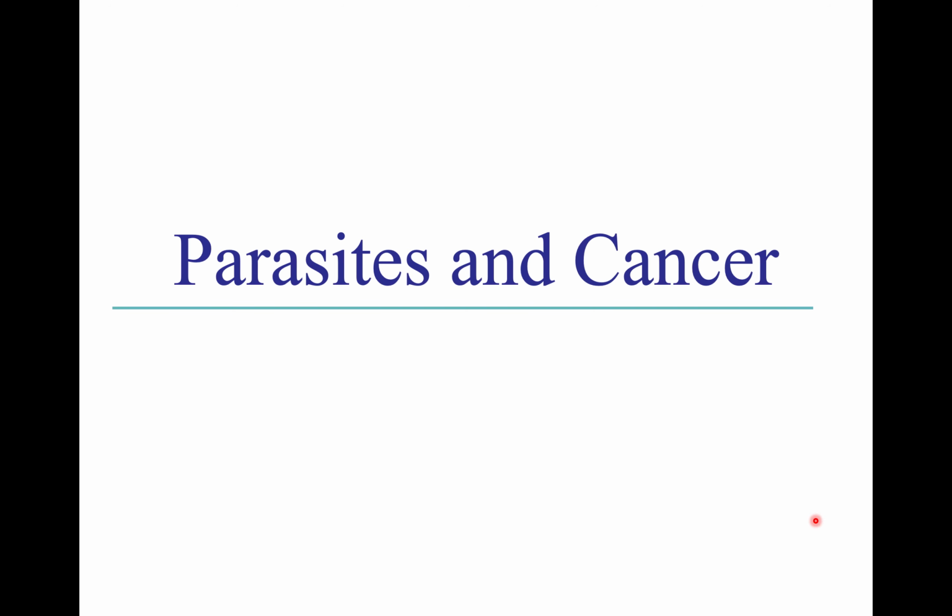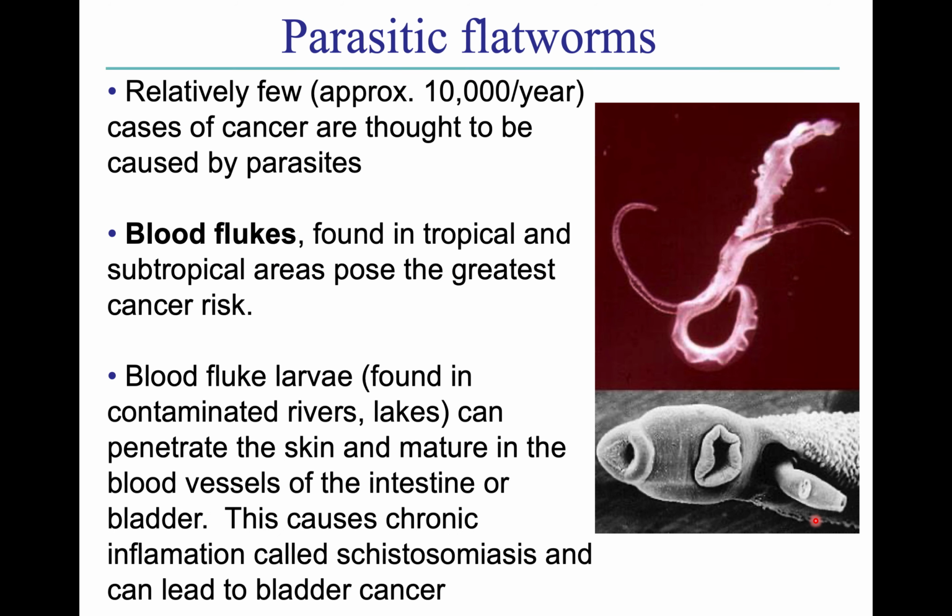And then there's just a couple of examples of parasites that I wanted to show you that have been linked to specific types of cancer. And this is not accounting for a lot of cancer cases every year, thought to be less than 10,000, but still worth mentioning. So the first I wanted to bring up were these blood flukes, which are primarily only found in tropical parts of the world. So blood fluke larvae, which you can pick up by swimming or drinking from contaminated bodies of water.